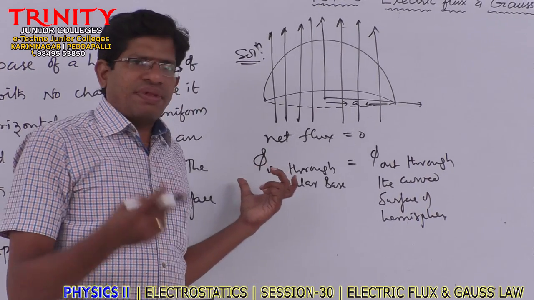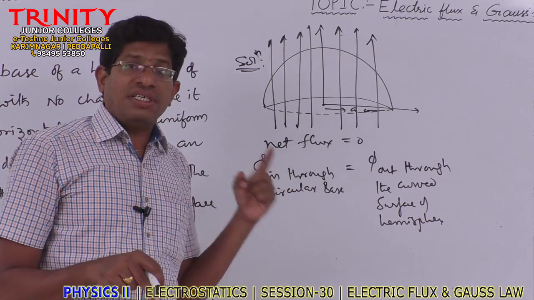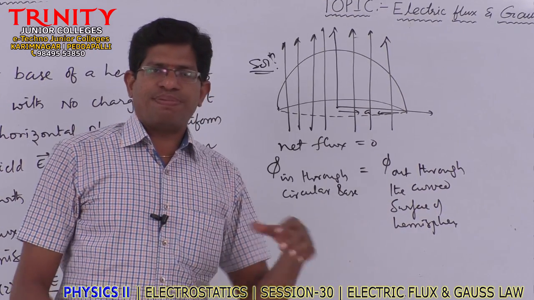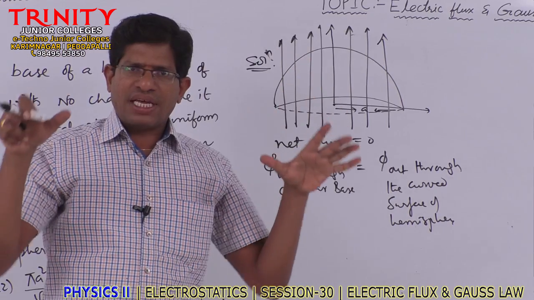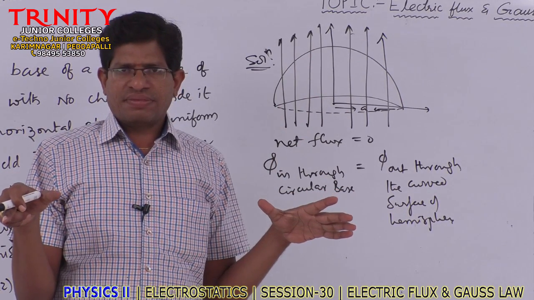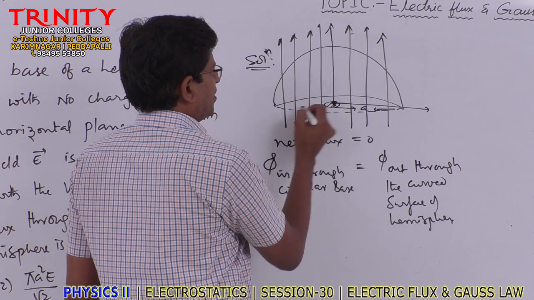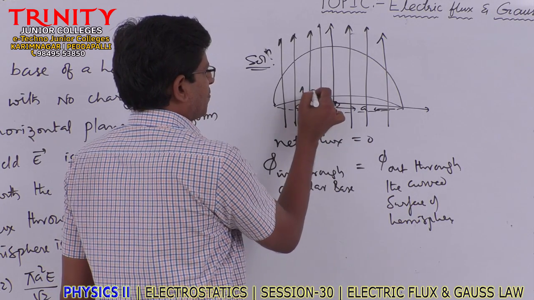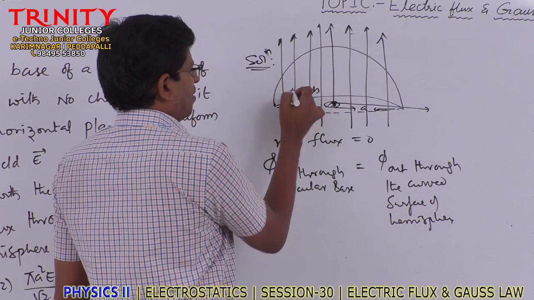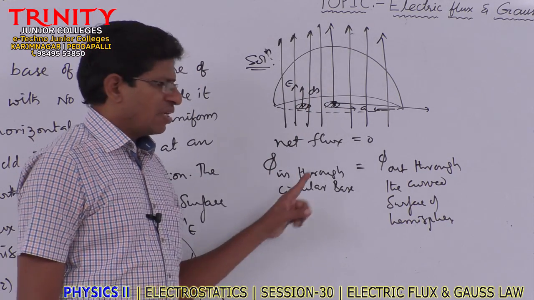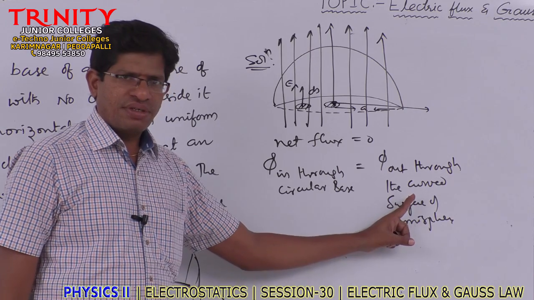So the flux coming through the circular base is easy to calculate compared to the flux going through the curved surface, because in a curved surface everywhere the angle is different, okay? But in a circular base, if you imagine any unit area here, the angle between E and dS is 0. I am talking about the circular base, not the hemisphere, right?